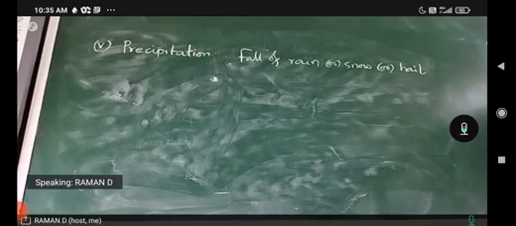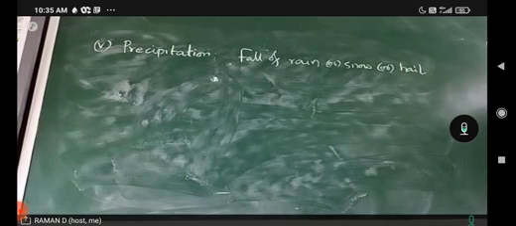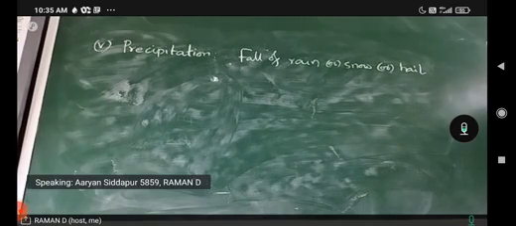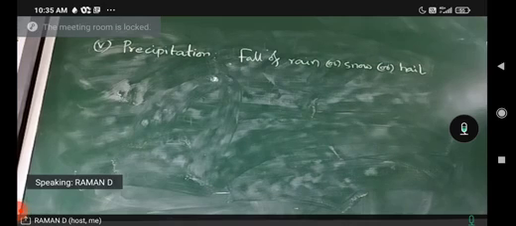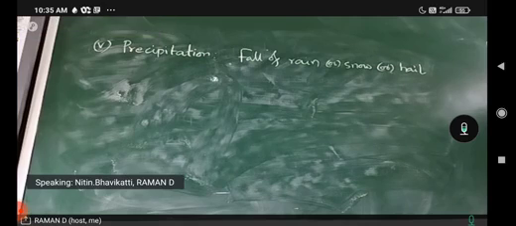Okay? Right. If rain does not take place for a long period, what will happen? The soil will continue to lose water. Drought will come, sir. Okay? The soil will continue to lose water by evaporation and transpiration, and the soil will become dry.